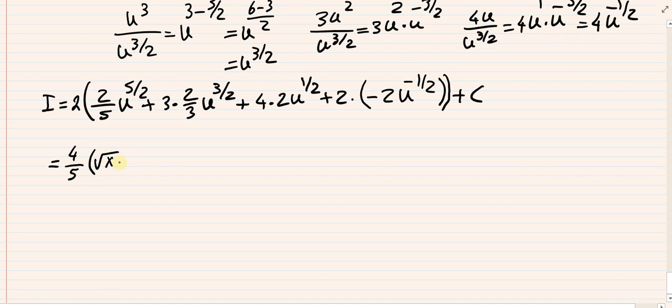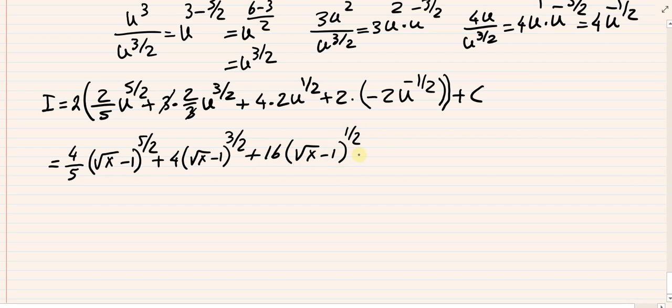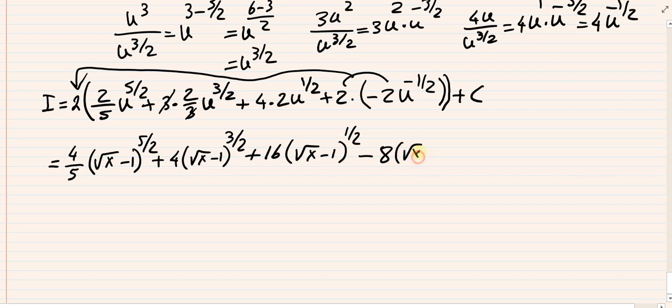That's (root x minus 1)^(5/2) plus 2, actually, yeah, 2 times 2 on the outside, 2 times 2 makes 4, u^(3/2). Done with that, right? Plus 16 (root x minus 1)^(1/2) minus 8. That's 2 by 2 and then times 2 on the outside. Negative 8 and then (square root of x minus 1)^(-1/2) plus a constant.